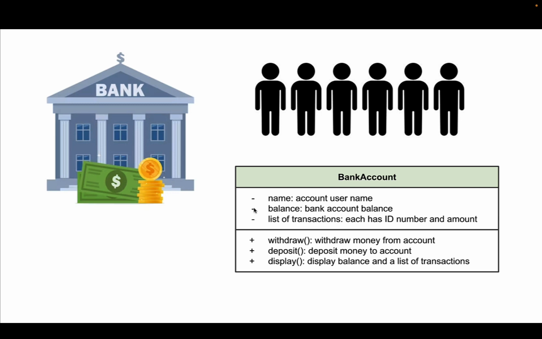And then these pluses and minuses mean something. This means that these variables in the bank account class are going to be private. So other accounts can't go in and look at the name, balance, and the list of transactions. Instead, we'll create an interface to this bank account, and we will provide what are called methods in a class. No longer are they called functions.